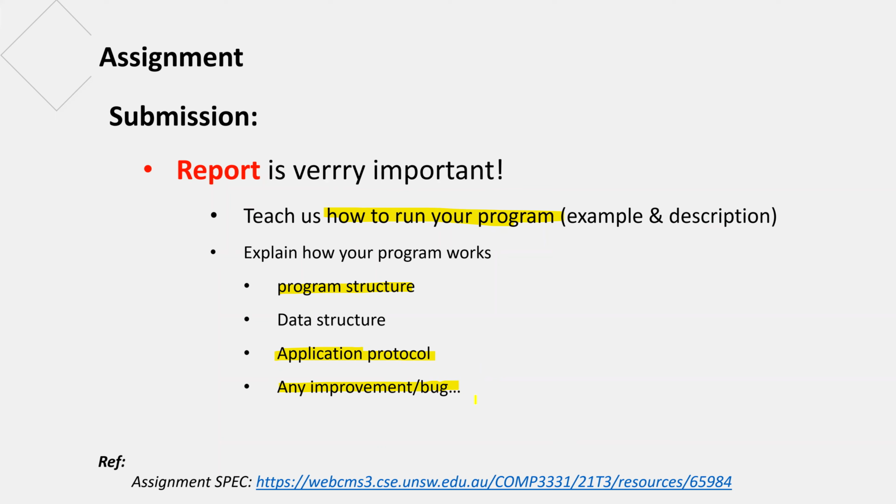So if we find a bug or something abnormal in your code, then we may consider it probably a bug and it's not working. But if you just explain the reason in your report, that would be better. Yeah, and that's all for the report. So if you haven't done your report, just make sure you include all this stuff in your report. This one is very important.